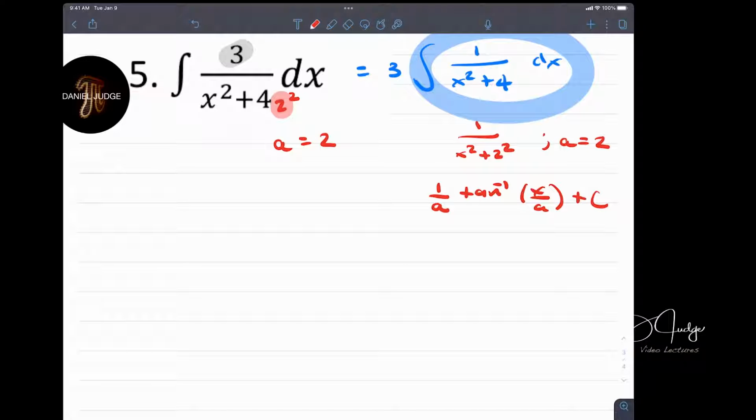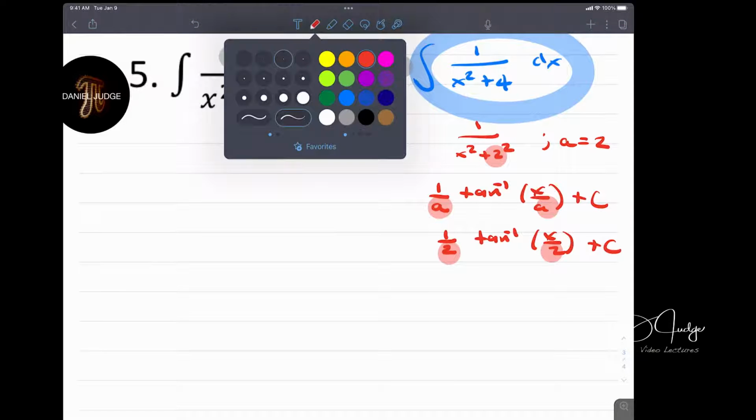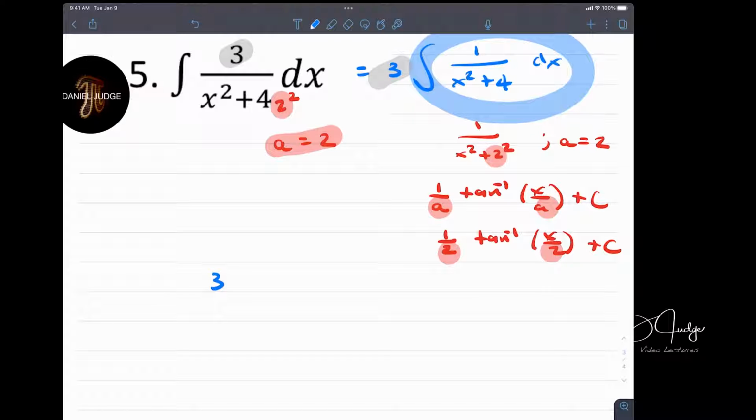So that's really going to be 1/2 inverse tangent x over 2 plus c because of the value of a. But don't forget the constant of 3 gets multiplied to that whole thing. So we have 3 times 1/2 inverse tangent x over 2 plus c.